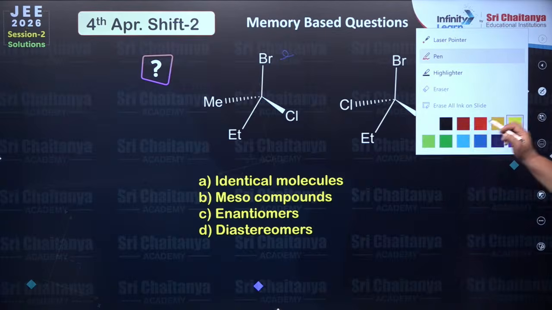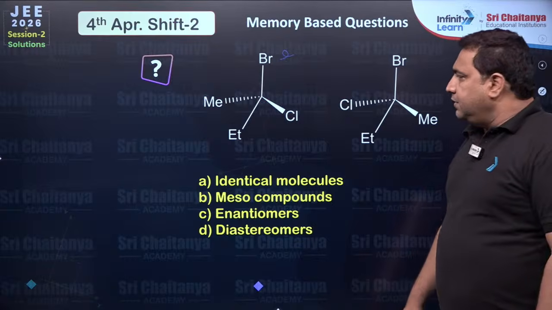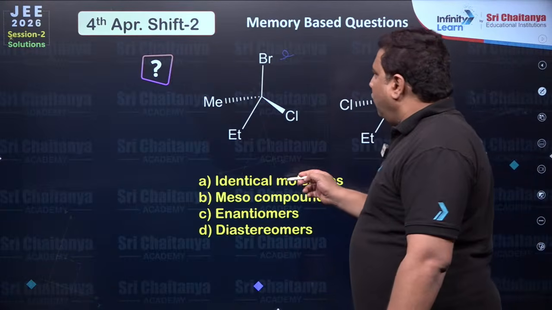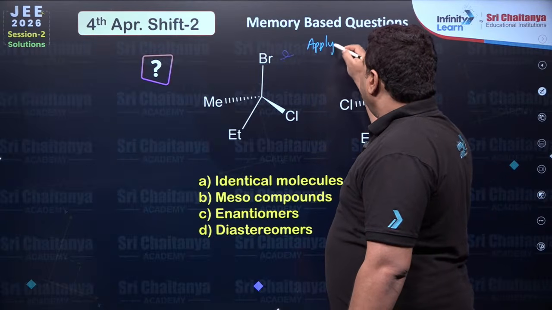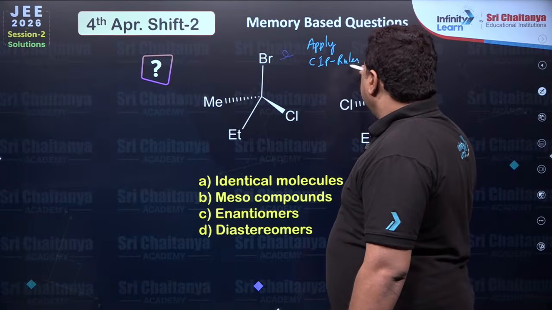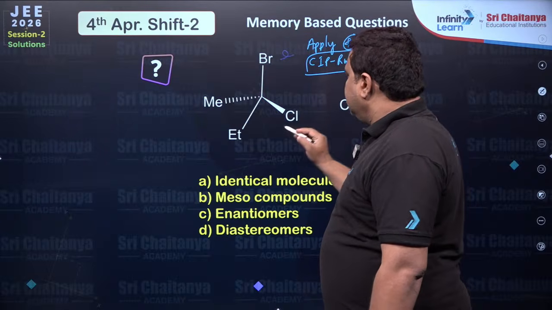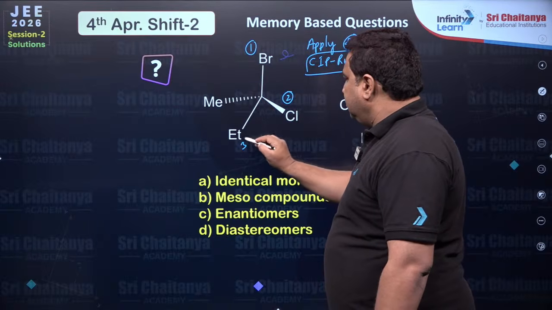Now, did this question come, everyone? Comparison of the structures. So what compound is this? According to R/S, you have to apply the CIP rules, Cahn, Ingold, Prelog rules. So this is 1, this is 2, this is 3.